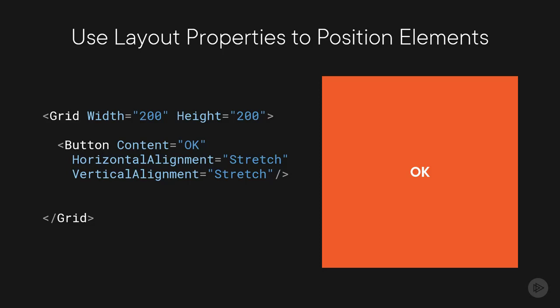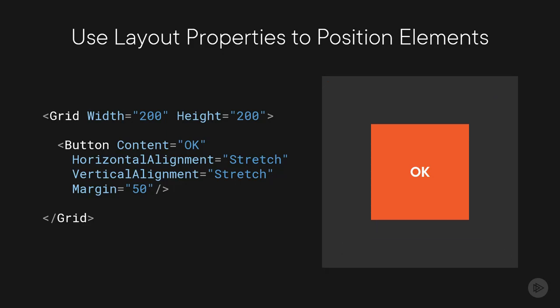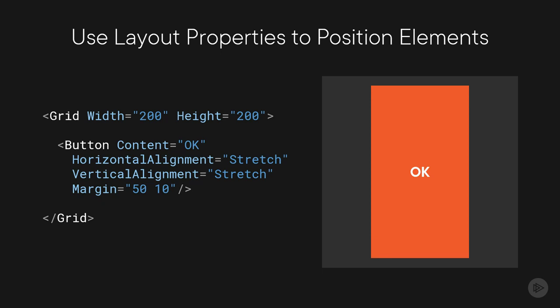Beside these properties, an element has also a margin property. Let's set the margin property on this button to 50, which means that the button gets a margin of 50 pixels on every side. You can also specify two values like here, and then the button will look like this. 50 is in this case for the left and for the right margin, and 10 is for the top and for the bottom margin.